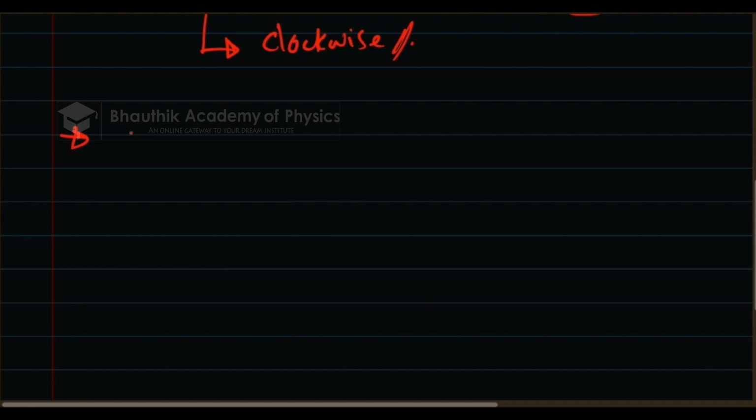Now let me finalize this. What we have already seen is a single vector that can either spin anti-clockwise or clockwise. So what if I introduce another vector? This is my first vector P. Let's say I introduce another vector, some P prime.